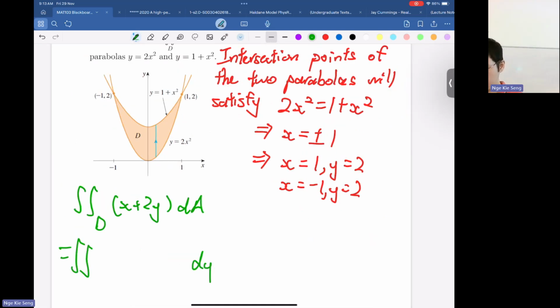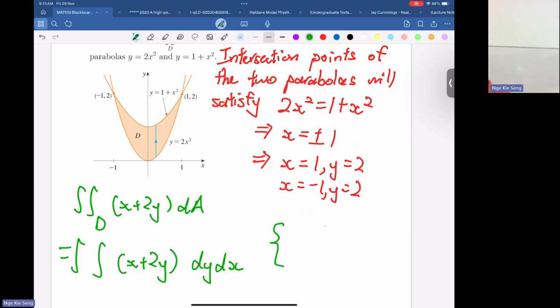So let's try dy dx. So we need to decide our integration domain here, x and y.